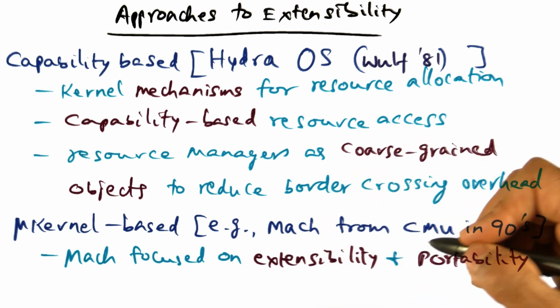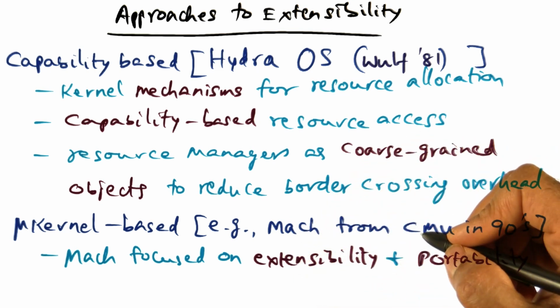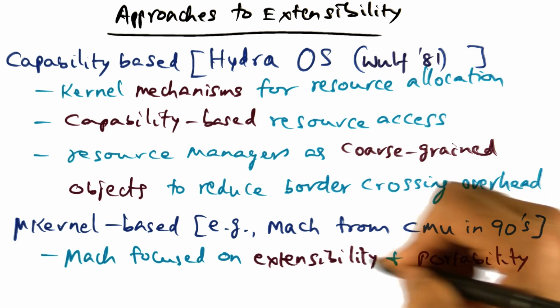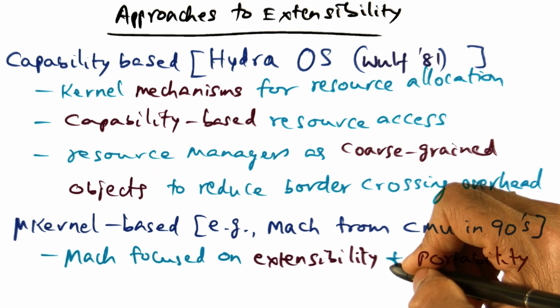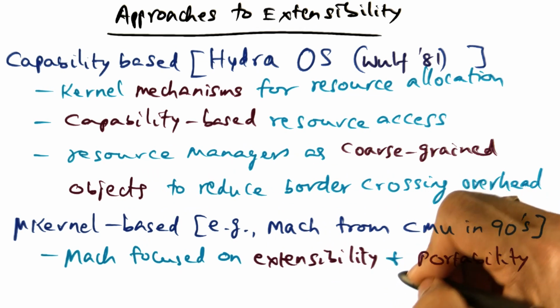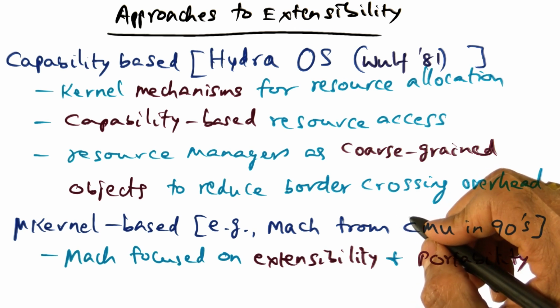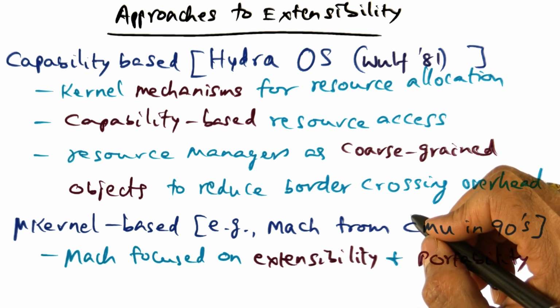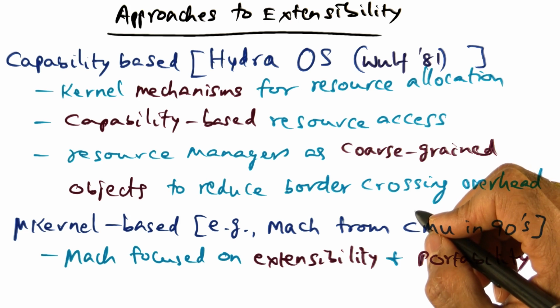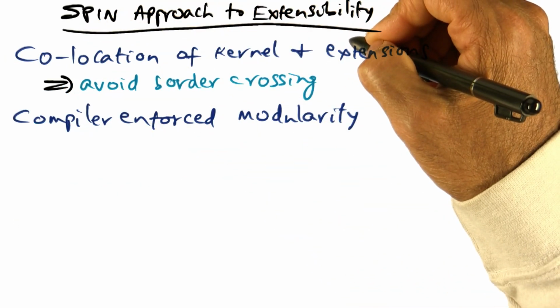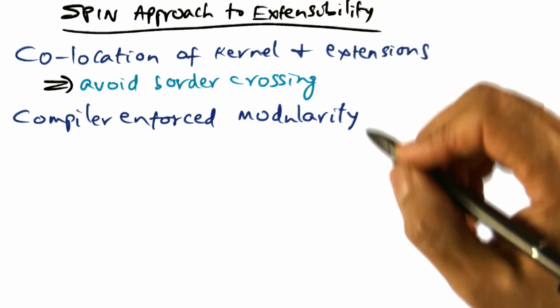And since operating systems are generally so focused on performance, this design choice in Mach of supporting portability gave microkernel-based design a bad press. But later on, when we look at L3 approach to microkernel-based design, we will revisit the right way to build a microkernel-based design. But in this lesson, let's focus on Spin's approach to extensibility.